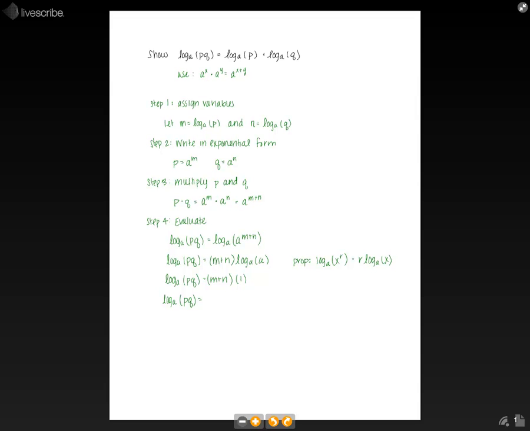So we know m is equal to log base a of p, and then plus n, which is equal to log base a of q. And that was just substitution from step 1. Okay, so now we've proven that log base a of p times q equals log base a of p plus log base a of q.